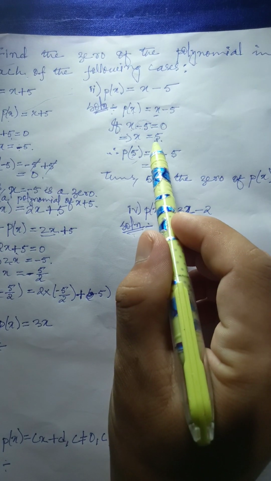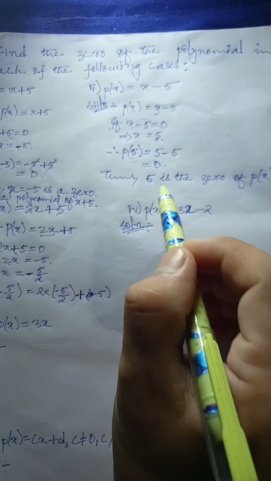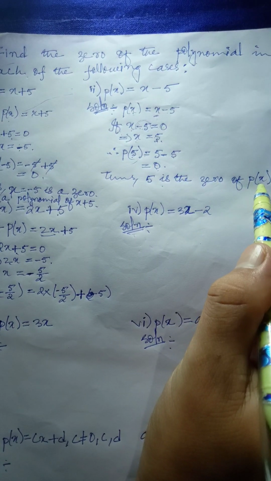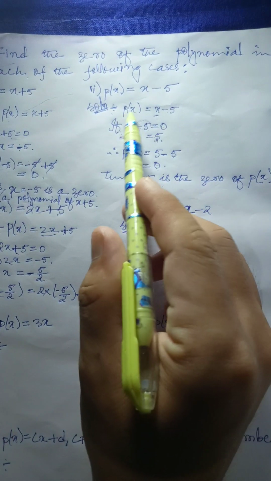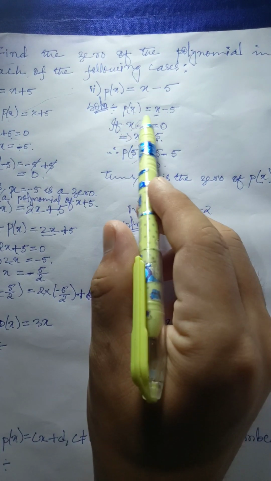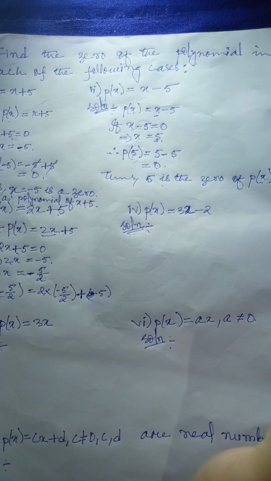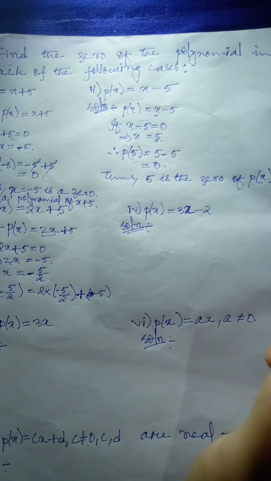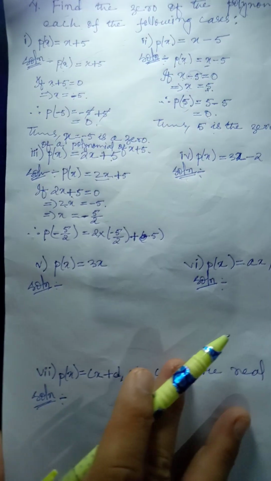Then we will call this value 5 the zero of p of x. Here p of x is the polynomial x minus 5. Is it clear to all of you? If it is clear, then we will move to Roman number 3.